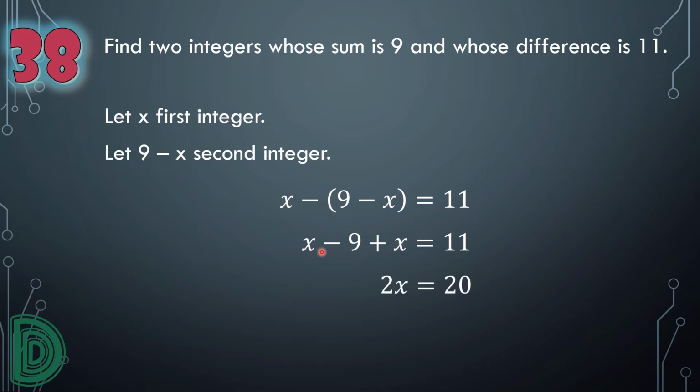Then we will have 2x equals 20, adding 9 to both sides. Divide by 2 both sides, we have x equals 10. If x equals 10, that is the first integer. 9 minus 10 is negative 1, that will be the second integer. So we have 10 and negative 1.